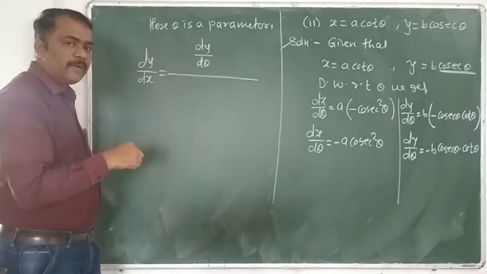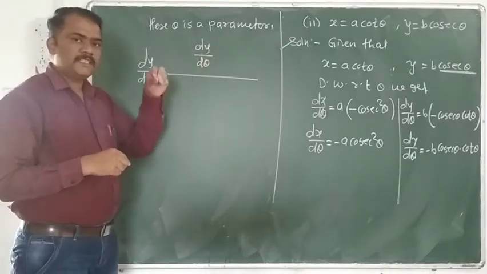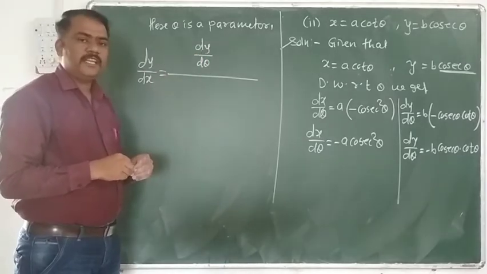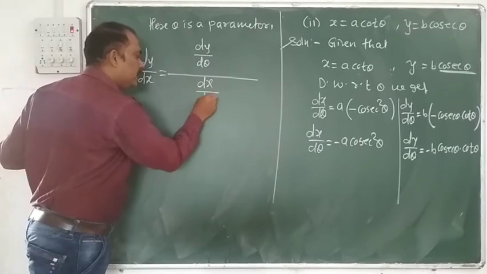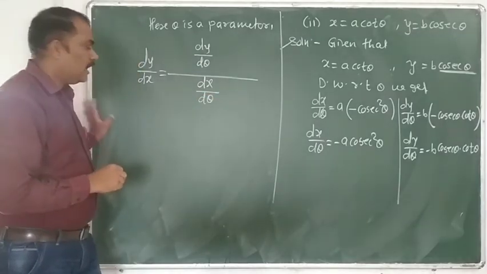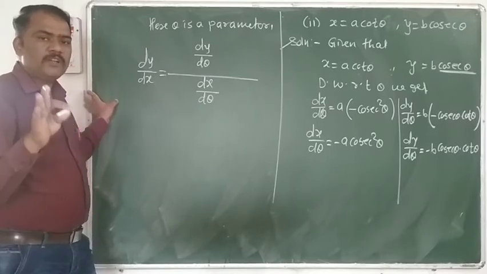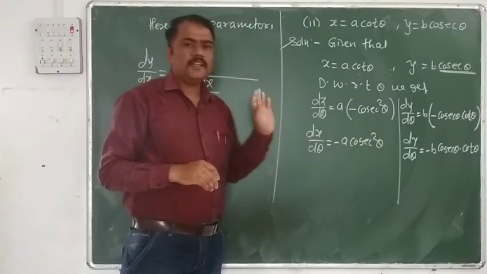In the previous example t was the parameter, so we wrote dy by dt. In this example, theta is the parameter, so we write dy by d theta divided by dx by d theta. And the value of this dx by d theta is not equal to 0. According to that, we have to take the values of theta.